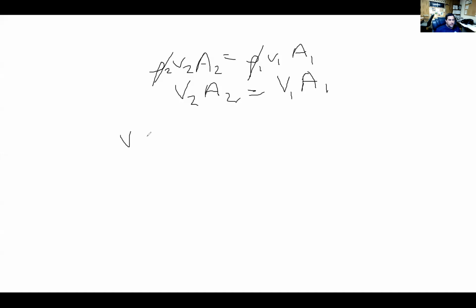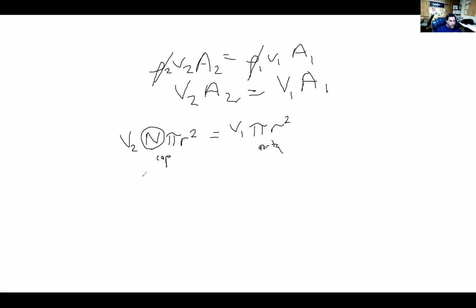The cross-sectional area of the capillaries, we need to multiply by the number of capillaries, pi r squared. So this is my capillary side, is going to be equal to V1 pi r squared, and this is the aorta side. I'm interested in the number of capillaries times pi r squared for the capillaries.